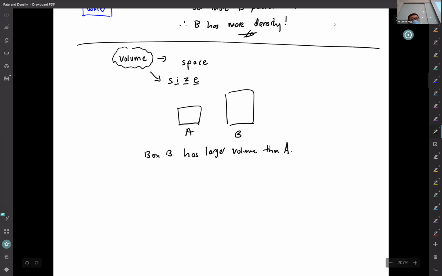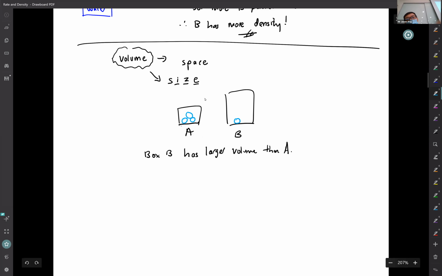Now let's imagine these boxes on their own have no mass. They are massless or weightless, any way you want to see it. Now, let me do this. I'm going to put in 3 items inside A, okay?